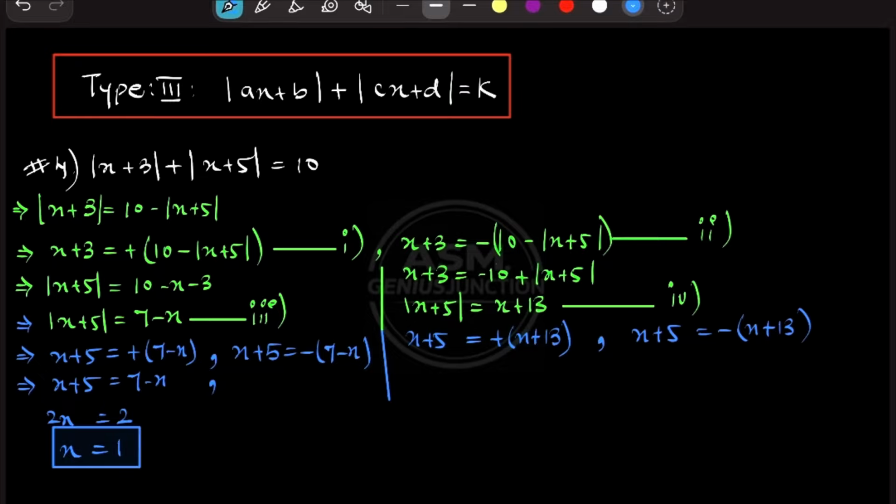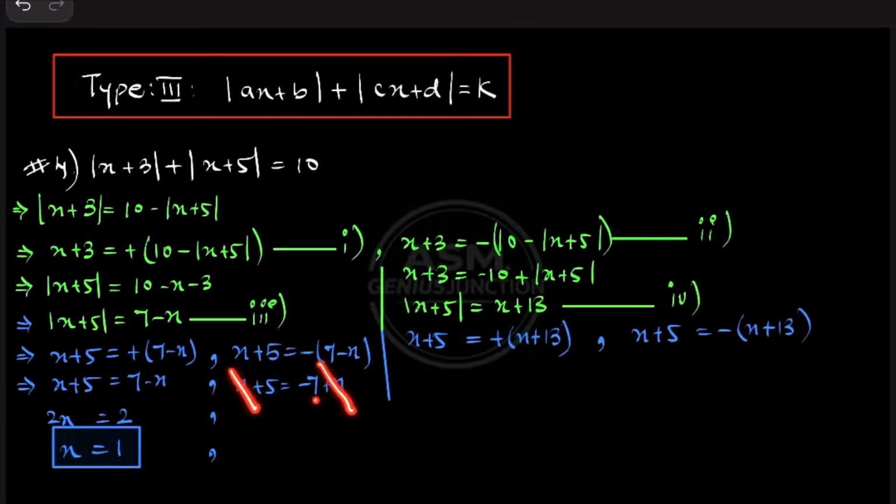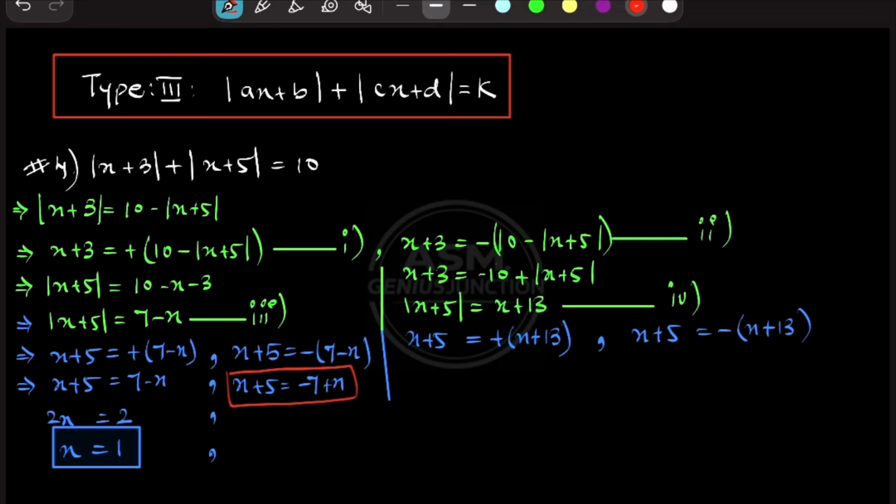When I solve this equation, I write x plus 5 equals minus 7 plus x. Interestingly, x is getting cancelled and minus 7 is not equal to plus 5. So this particular solution is invalid. So I will reject this part.